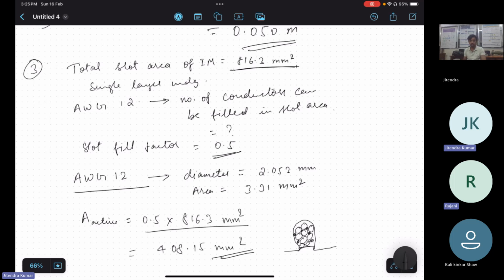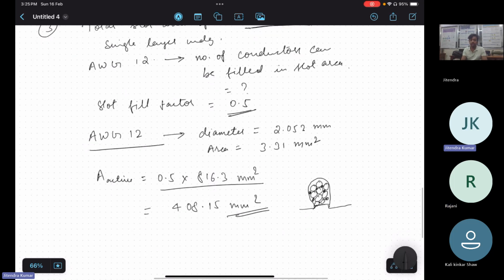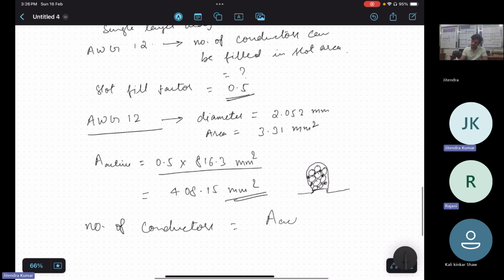So this is your active area in which conductors will be filled. Now, the area of the wire is given here, right? Now you can divide to calculate the number of conductors: active area divided by wire area. Any doubt here?